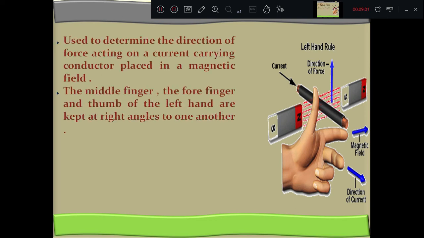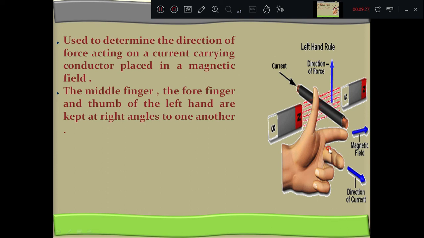Fleming's left hand rule. That is, you have to stretch the forefinger, middle finger and thumb of the left hand at right angles to each other.